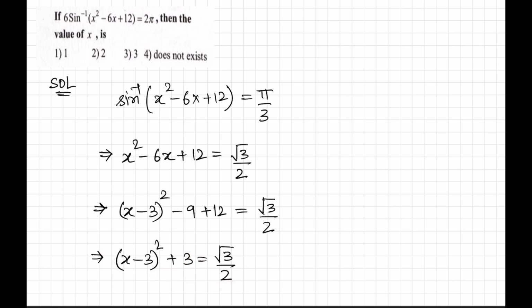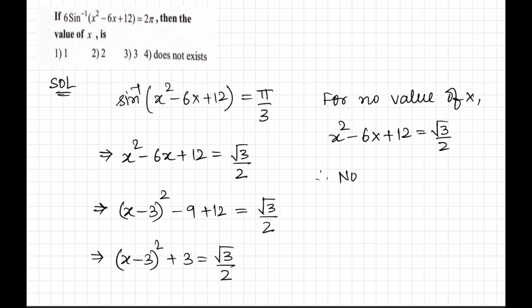So therefore we can write, for no value of x, x squared minus 6x plus 12 is equal to root 3 by 2, and therefore no solution, or we can also say the solution does not exist. So therefore option 4 is the correct choice.